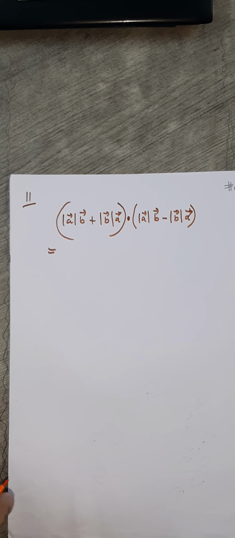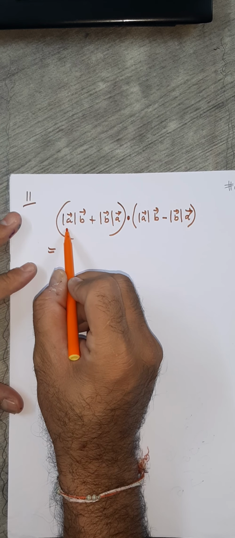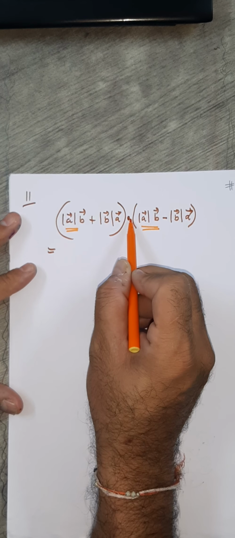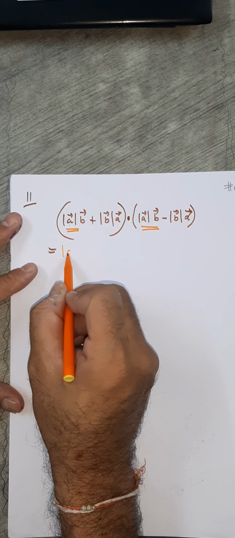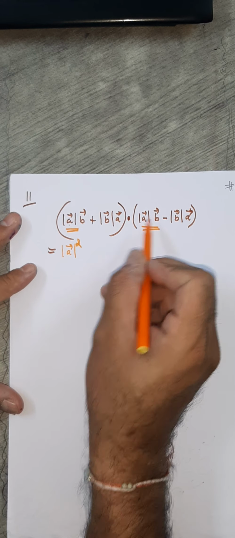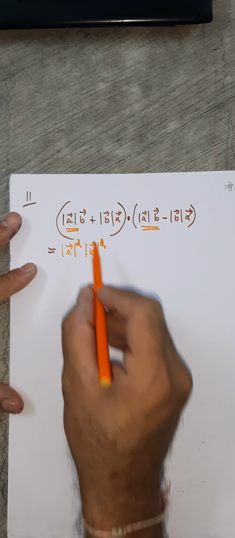So you can write even directly also if you want, otherwise just open the bracket. So this one with this, here your dot product, remember. So magnitude of A, which is magnitude of A whole square, vector B dot vector B, which is B square magnitude.